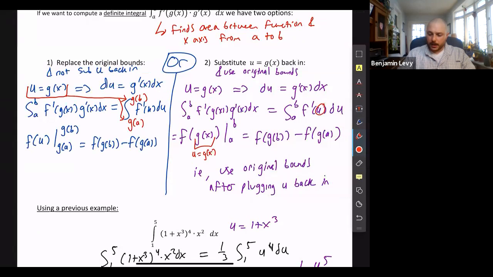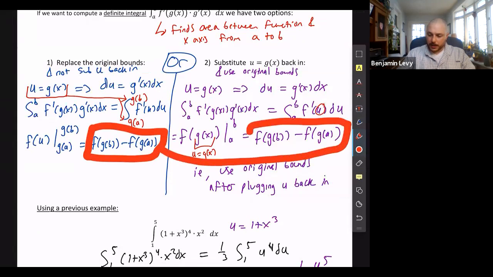This thing right here ends up being the same as this expression. That's what I'm trying to point out here, and that's what we'll see in the answer. In both cases, you're going to plug b and a into g. The question is, do you do it beforehand and then use the easy function, or do you do it inside the function itself after you've plugged u back in?